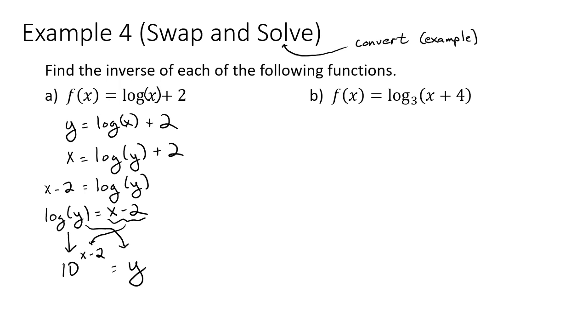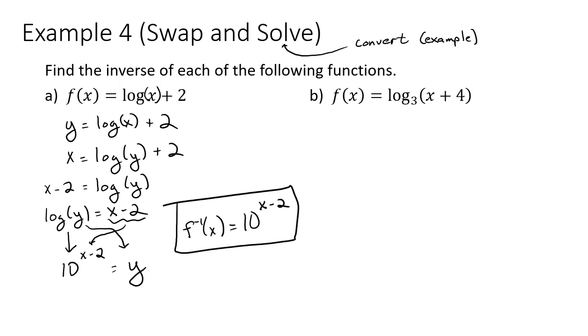And now y is actually already solved. We're good to go. So f inverse of x would be 10 raised to the x minus 2 power. Again, it's just the swap and solve method, but for the solve part, you need to convert.